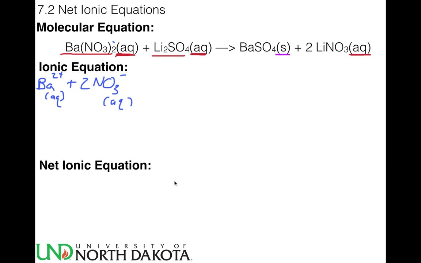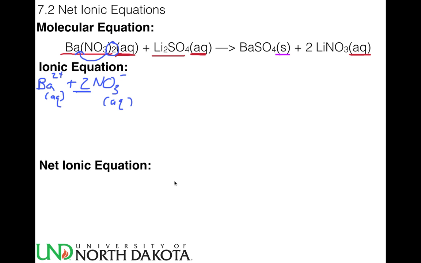Now notice I had to put that 2 in front of nitrate because it tells me that for every one formula unit of barium nitrate, I have one barium ion and 2 nitrate ions. And so I have to say that it dissociates into those ions.